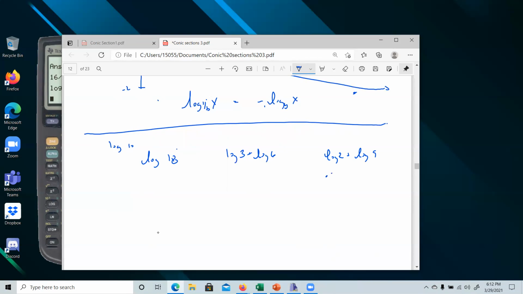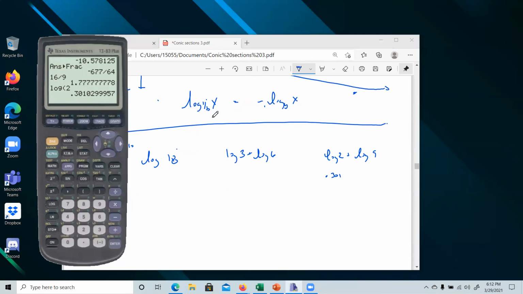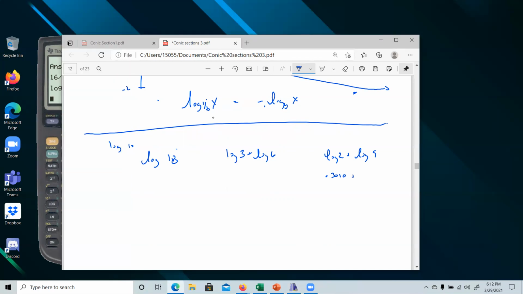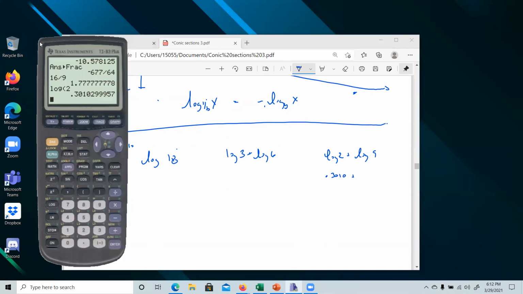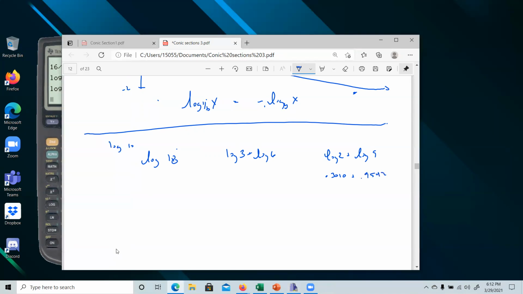That was 0.301. We'll go 4 decimal places because all the CRC books went to 4 decimal places. Plus log 9, and it was 0.9542.